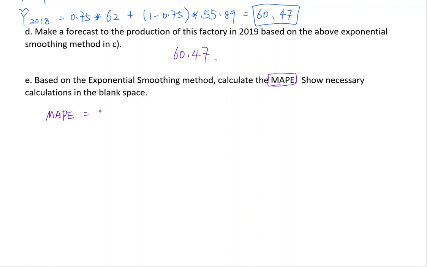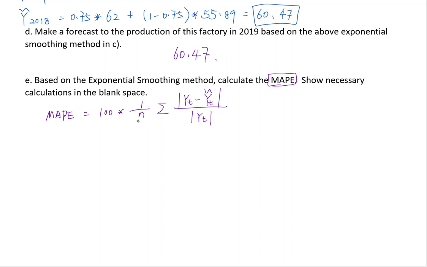The MAPE equals 100 times 1 over n times the sum of the absolute value of yt minus yt estimate, divided by the absolute value of yt.